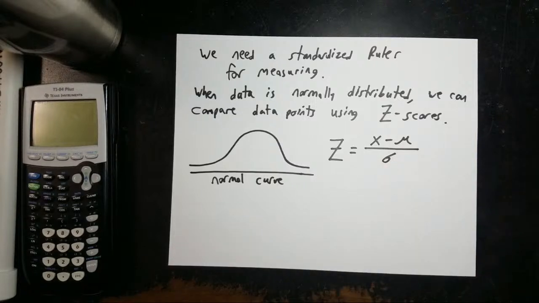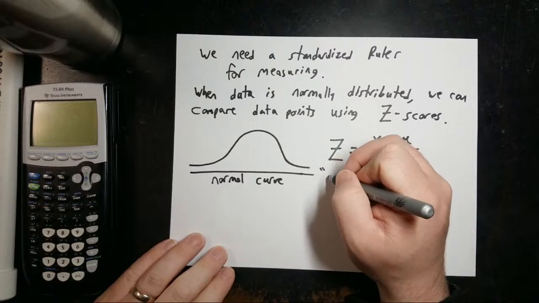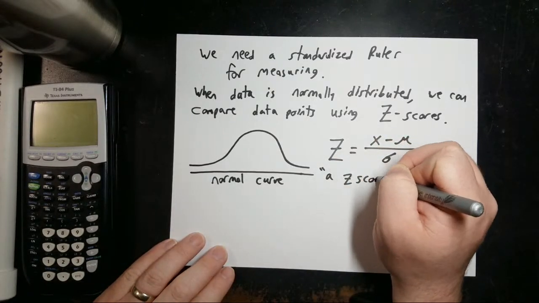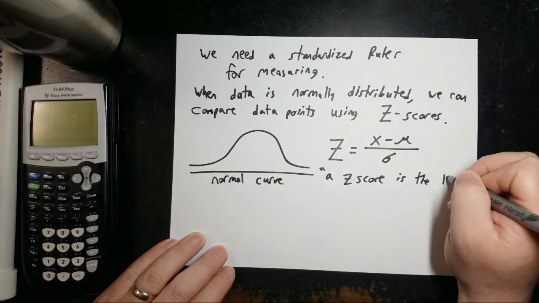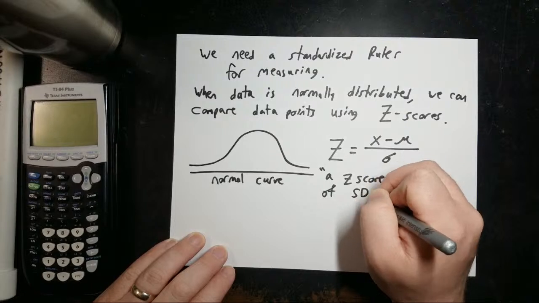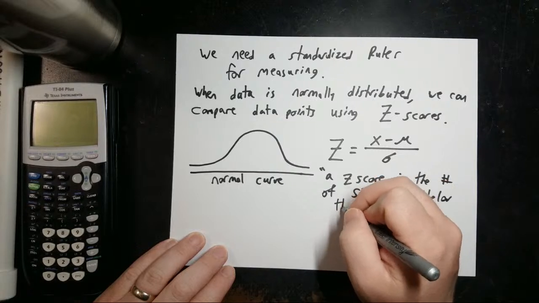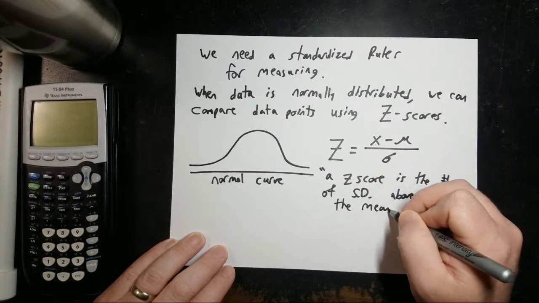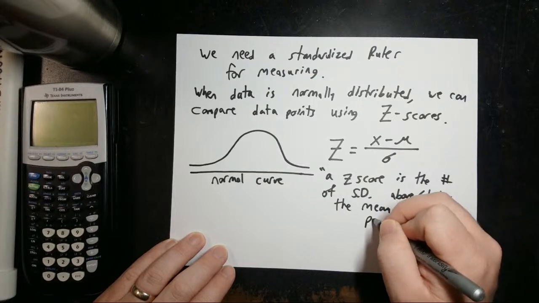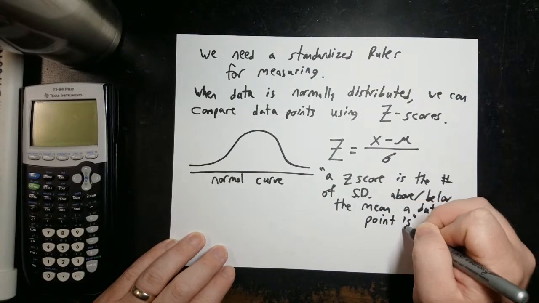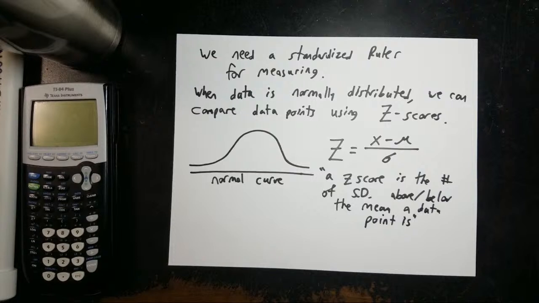Like that. You calculate a z-score by finding the difference between the data point and the average and dividing by the standard deviation. In fact, a z-score is the number of standard deviations above or below the mean a data point is.